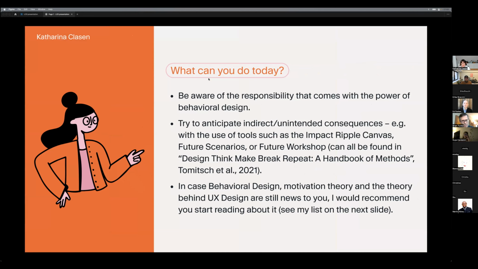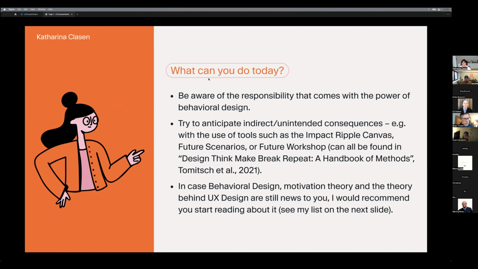In that direction, also my next point: I think if we are working with behavioral design, it's especially important that we try to anticipate unintended consequences, because some designers who create behavior that is not 100% good probably didn't intend that. I think sometimes this is just ignored, but sometimes it's just overlooked.